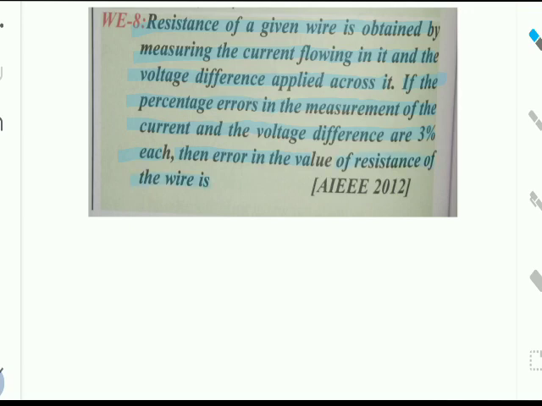So here given information: voltage, current and resistance. Formula V is equal to I into R. So he is asking the error in the resistance of the wire.